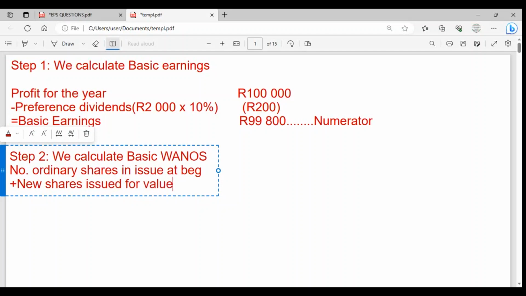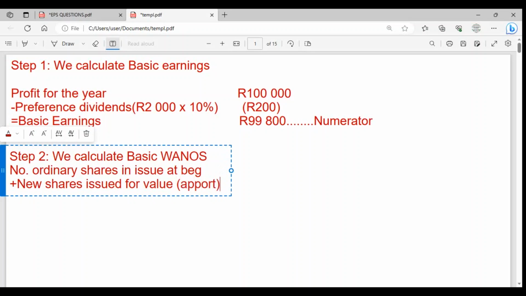Like if you are told that during the year the company issued 5,000 shares for 350 each. If the company issued the new shares for a value, then you're gonna add those shares, but remember to apportion based on a time factor. So here you must always remember to do your apportionment.